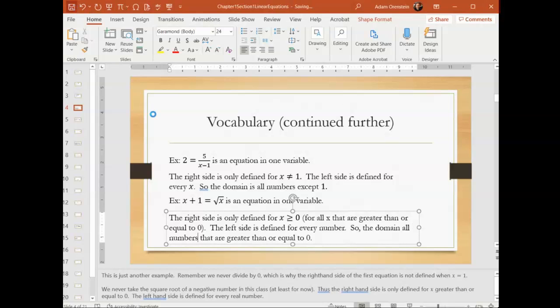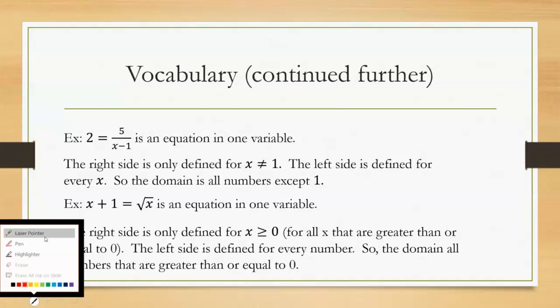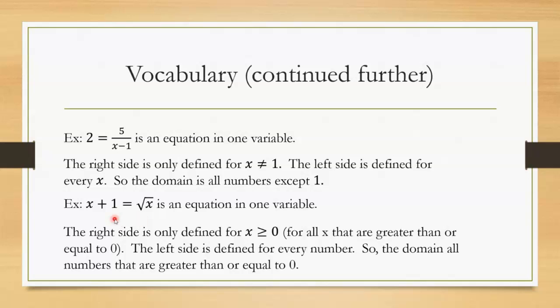All numbers that are greater than or equal to 0. You have to be, how do I say this? You have to be defined for both sides. That's what I want to say. You have to be defined for both sides.